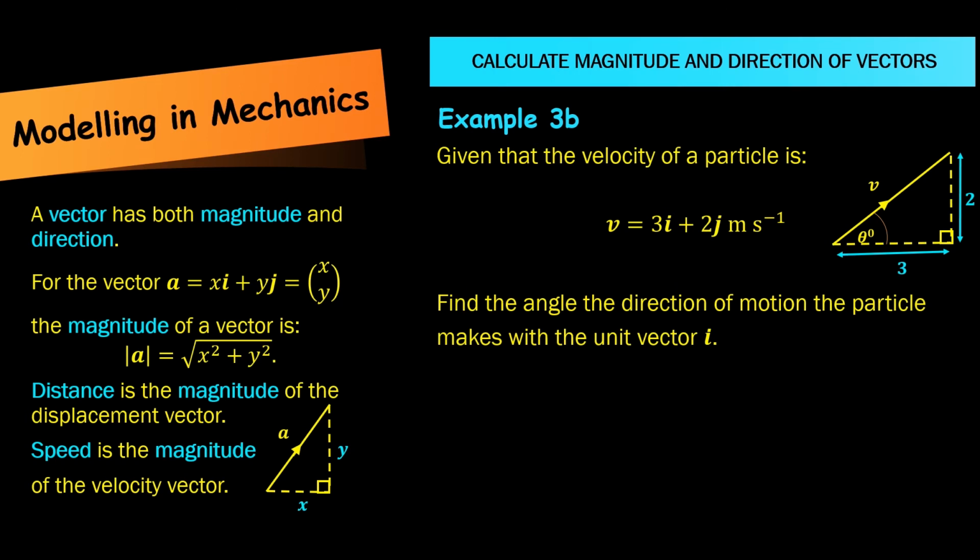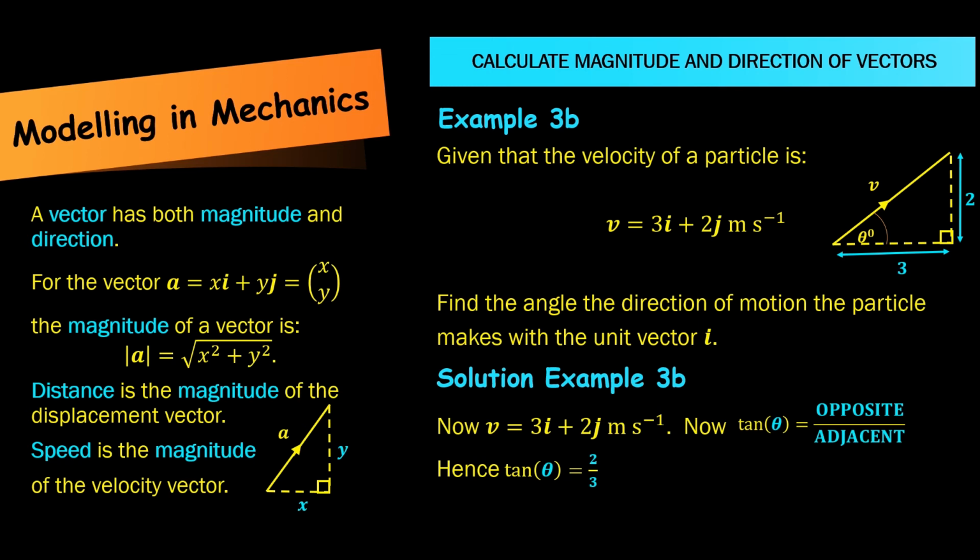And now for part B. We are required to find the angle, the direction of motion the particle makes with the unit vector i. Let's call this angle theta, as shown in the diagram. Now v of course equals 3i plus 2j, so therefore we apply the tan formula. So tan theta equals opposite over adjacent, and plugging in the relevant values gives us tan theta equals 2 over 3.